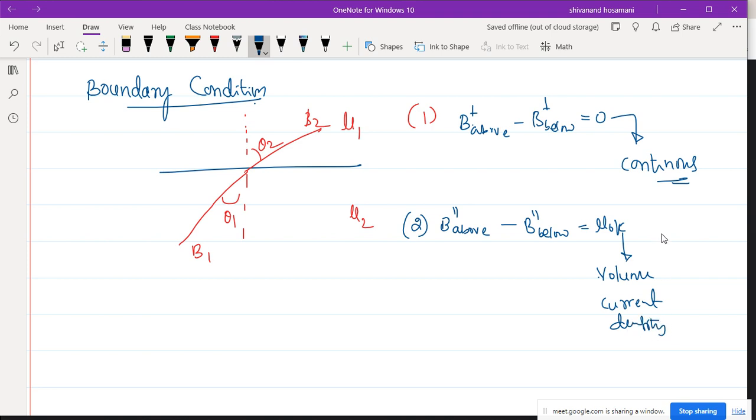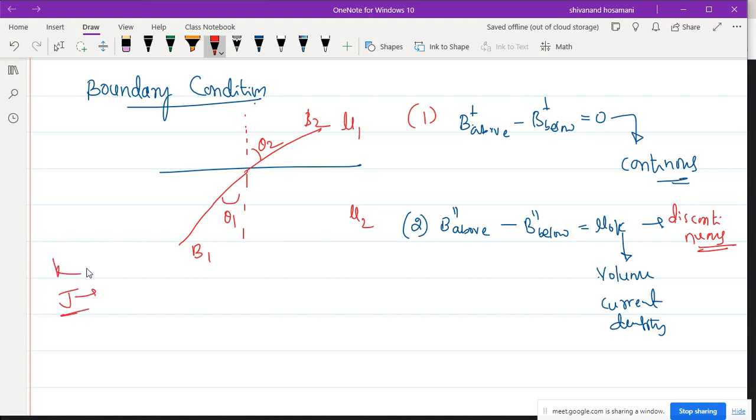These are discontinuous, remember. J is defined as volume and K is surface.